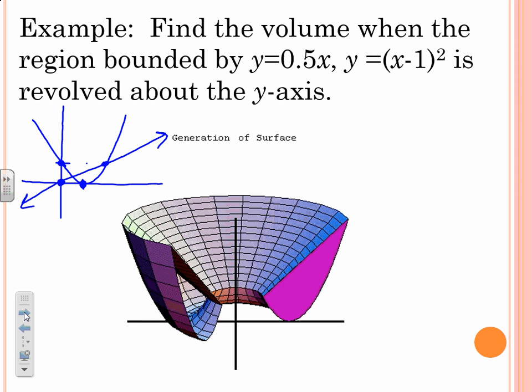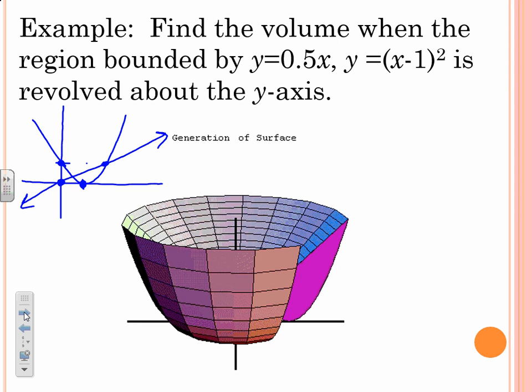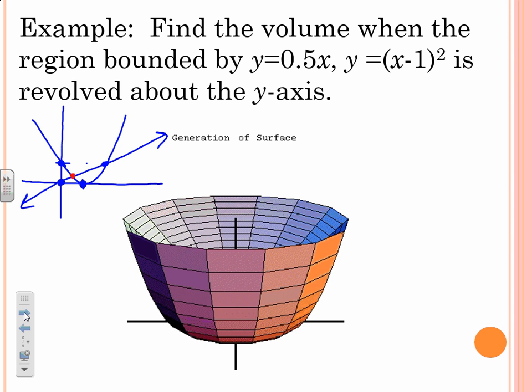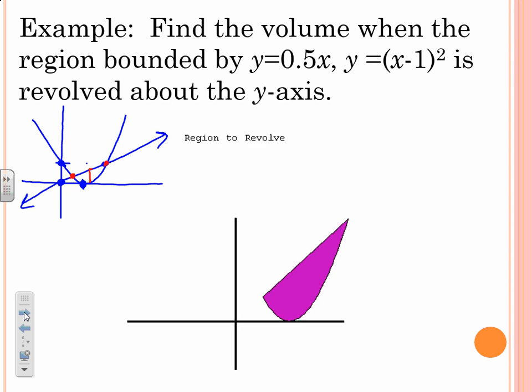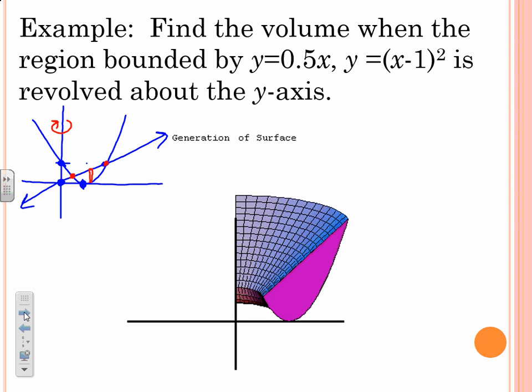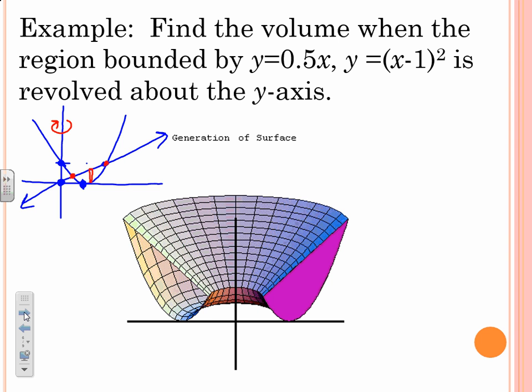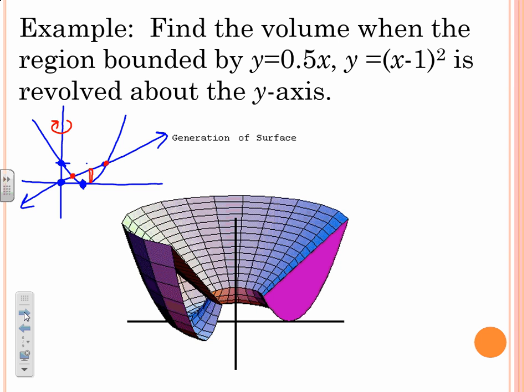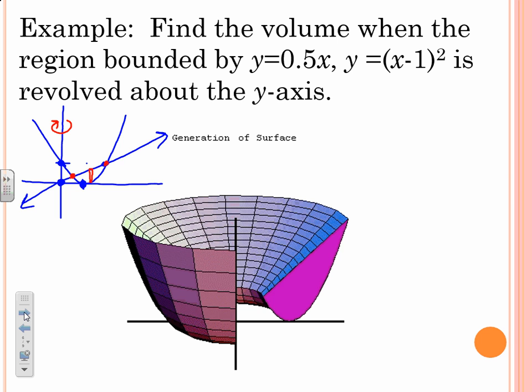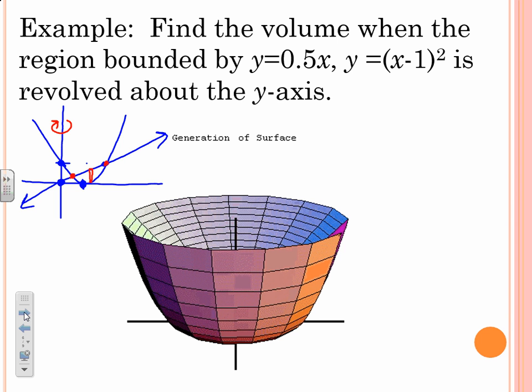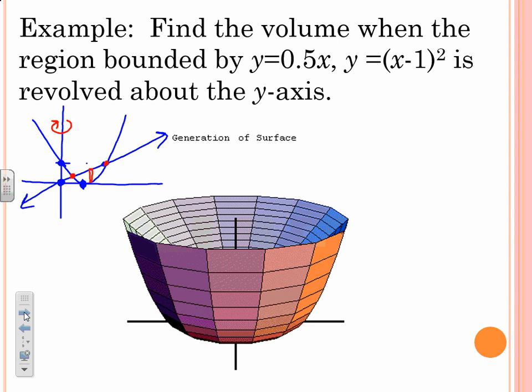Okay, we need to figure out what our intersection points are. Well, maybe that's not our first thing. Let me draw my reference rectangle here. We're rotating about the y-axis, and I want to use shells, so our reference rectangle is going to be parallel to that y-axis.